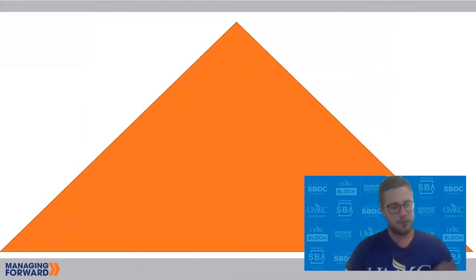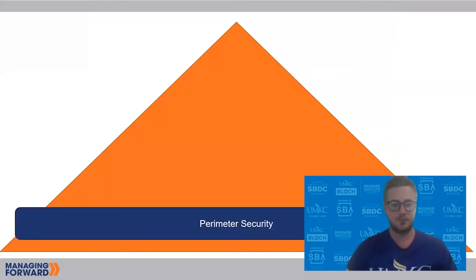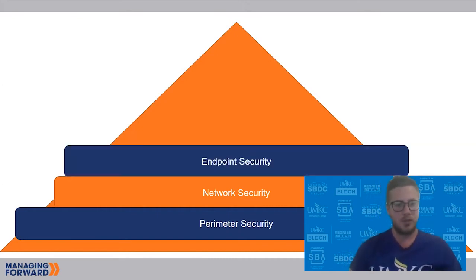The traditional defense in depth model looks something like this. Depending on which way you're looking at it, it starts with perimeter security, which is akin to that outer castle wall. It's your first line of defense against the outside world. The next layer is your network security, which you could consider akin to the moat or maybe the inner wall.